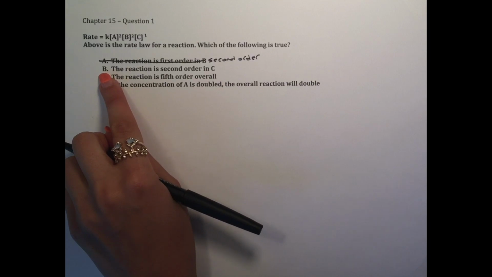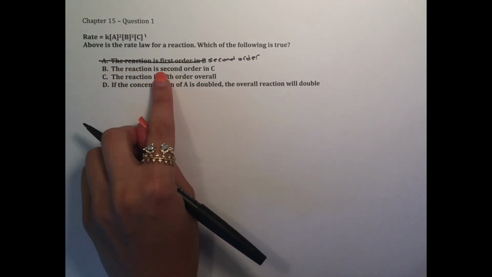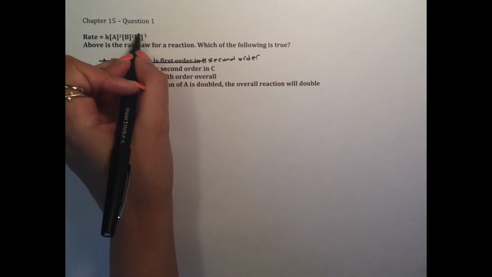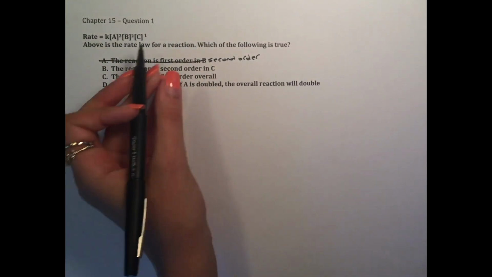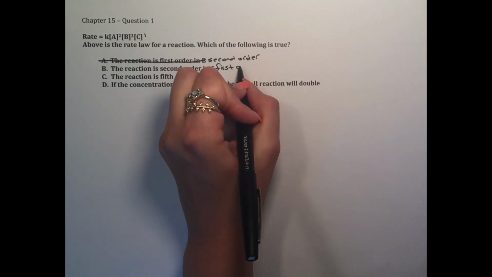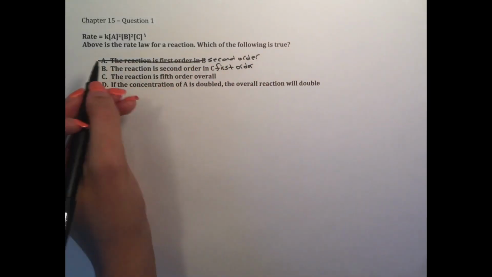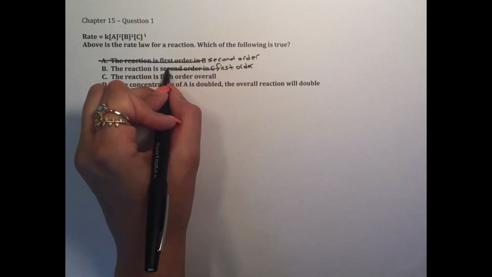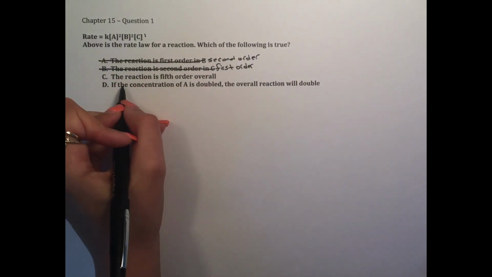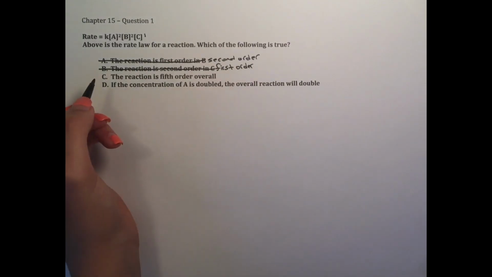Okay, so for option B, the reaction is second order in C. Here we see we have a 1 for C, and that means that it is first order, which means that B is also wrong. Okay, so for option C, the reaction is fifth order overall.